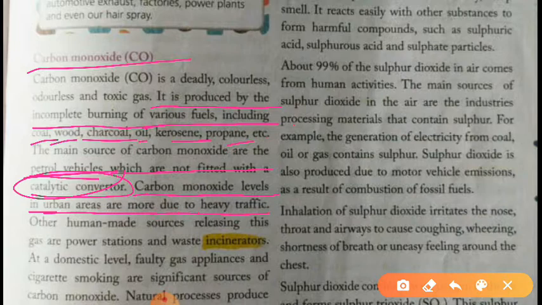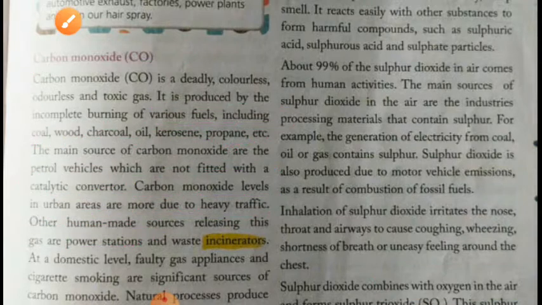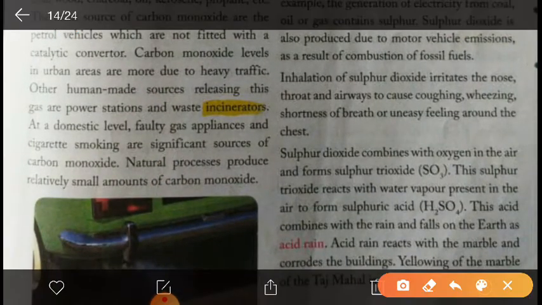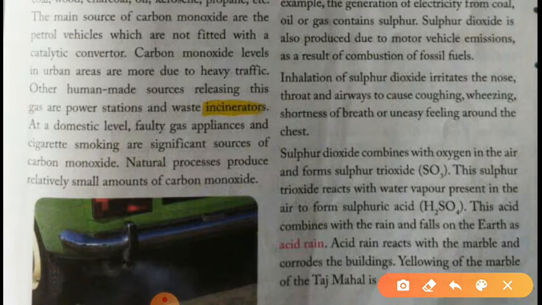In urban areas the presence of carbon monoxide in the air is more, because in urban areas the vehicles are more, which is why the level of carbon monoxide is higher there. Other human-made sources releasing these gases are power stations. At the domestic level, faulty gas appliances and cigarette smoking are sufficient sources of carbon monoxide.